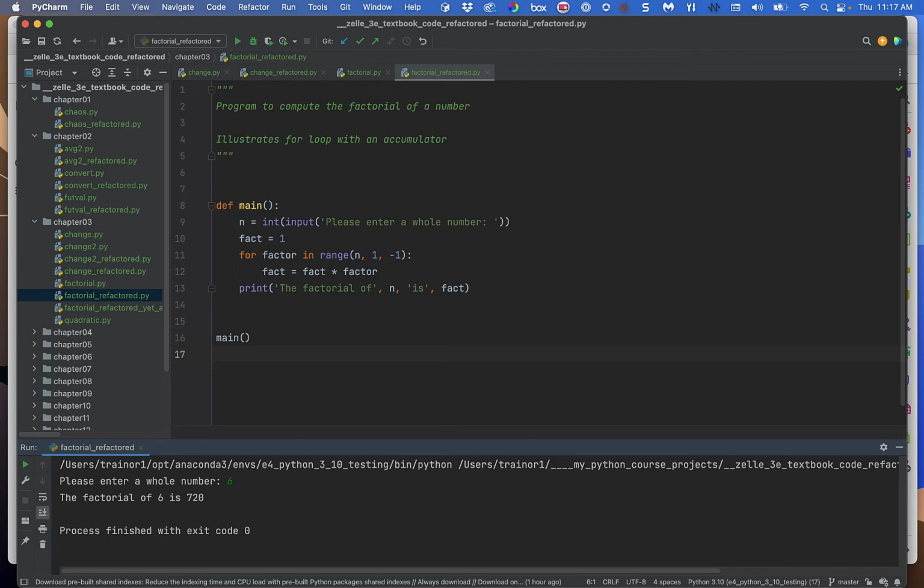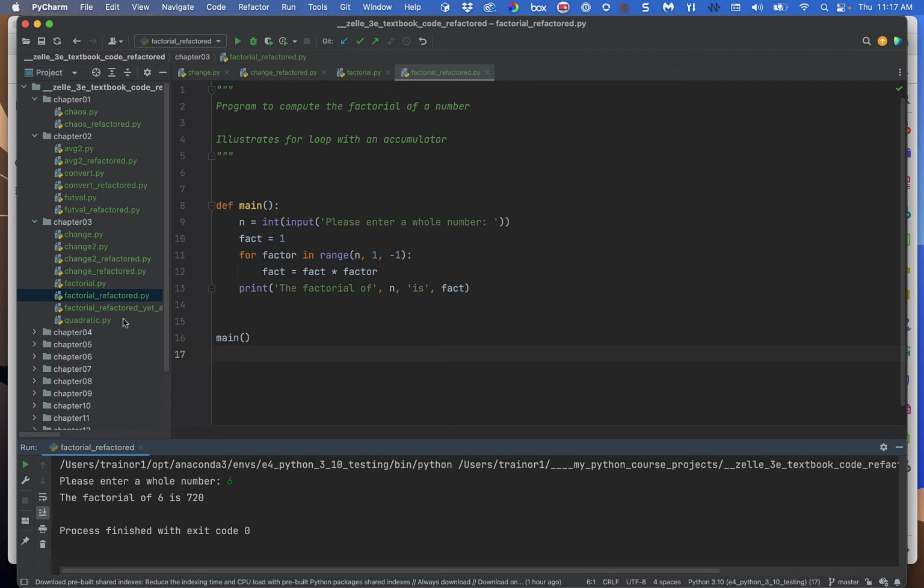Now, I want to point out one kind of opportunity here that was lost. Remember how we talked about using the math library? Well, I didn't show you a whole lot of that because I wasn't keen on the program example. Well, here's a place where we can use it.